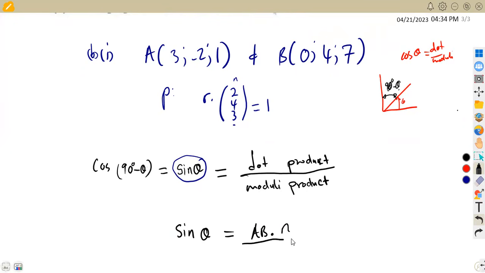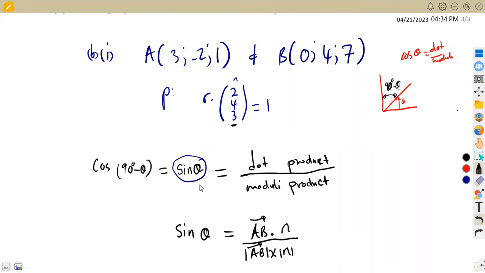So our formula is sine of theta equals AB dot n over the moduli product, that means the modulus of vector AB times the modulus of the same n, which is the normal that we are given. From this formula, we can determine the acute angle, which is our theta.